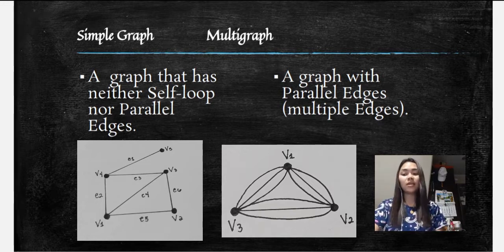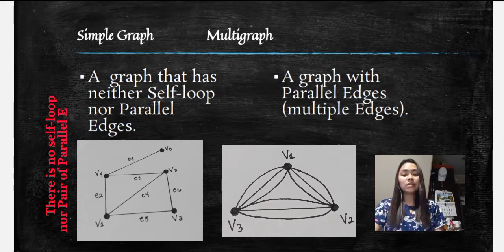There is no edge with the same vertex at both ends, and there are no two edges identified by the same pair of vertices. There is no self-loop and no pair of parallel edges, so this is an example of a simple graph.